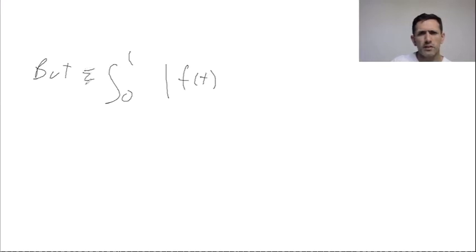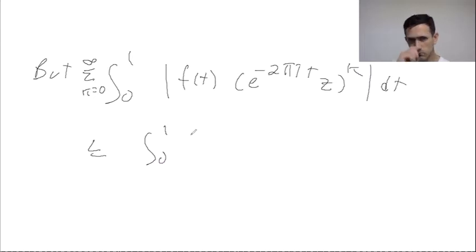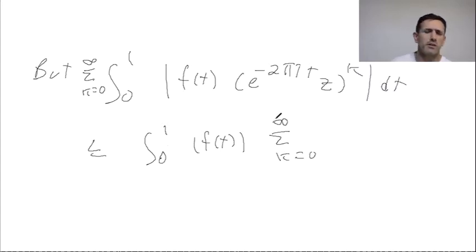So the integral from 0 to 1, f of t, and let's actually sum this up, k equals 0 to infinity, of f of t, z e to the minus 2 pi i t, to the k, dt. Well, that's less than or equal to the integral from 0 to 1 of f of t. Now, for non-negative functions, you can willy-nilly interchange sums and integrals, no problem.